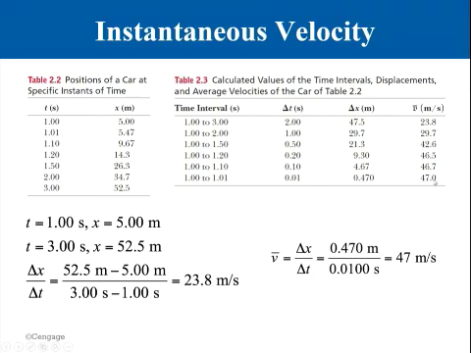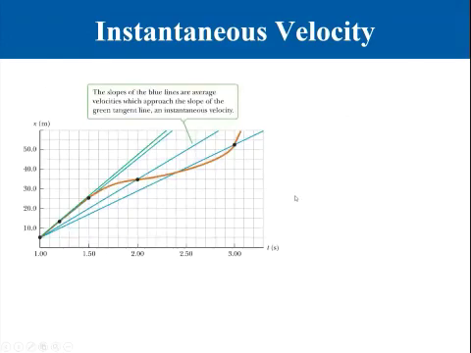So it is 47.0. Although this is average velocity, because the time interval is so small, we can look at it as an instantaneous velocity. In general, instantaneous velocity is taken as the slope of the curve. The curve represents the motion, while the slope will always be just a tangent, just a straight line. Okay?